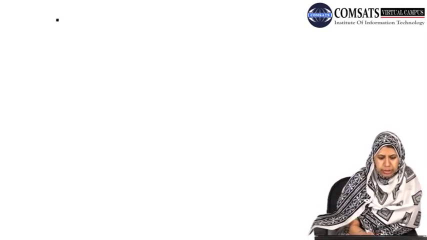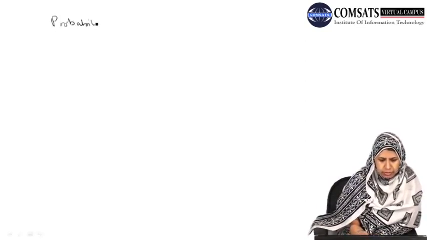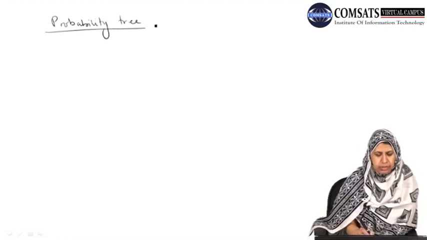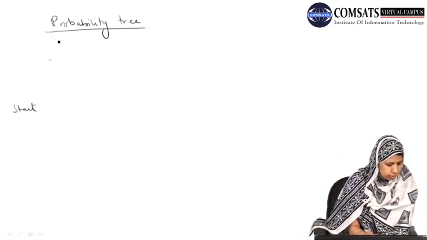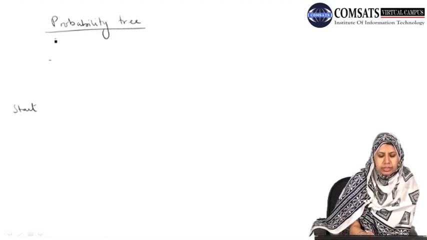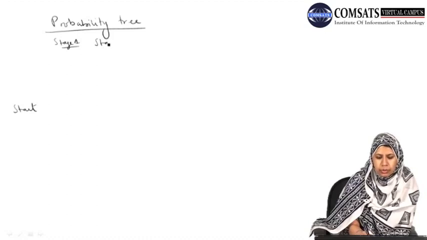By using our probability tree, which is, we start from here and draw 1 is our stage 1 and draw 2 is our stage 2.